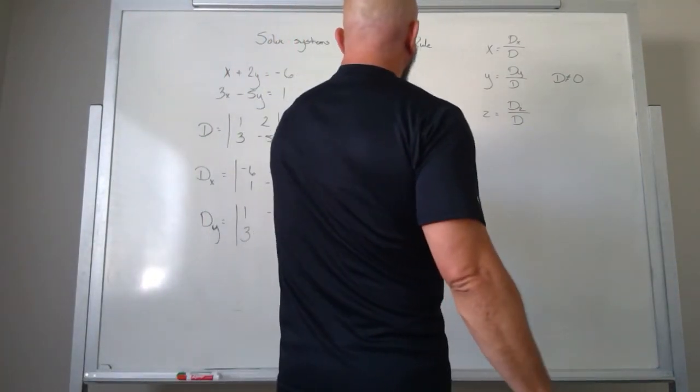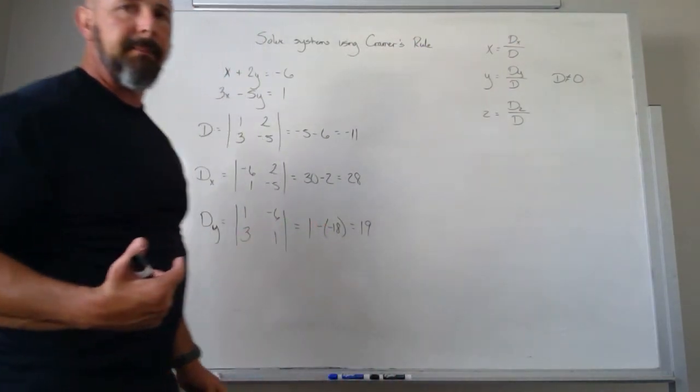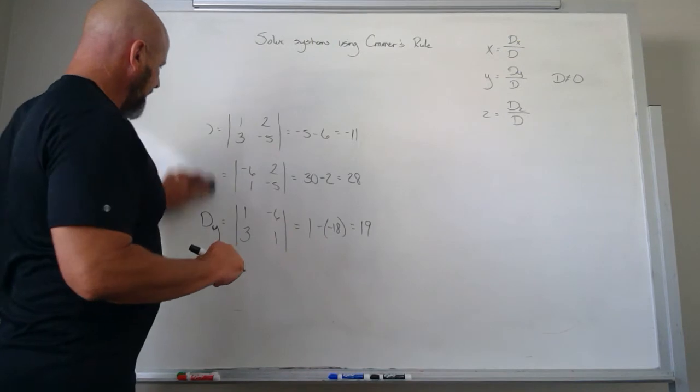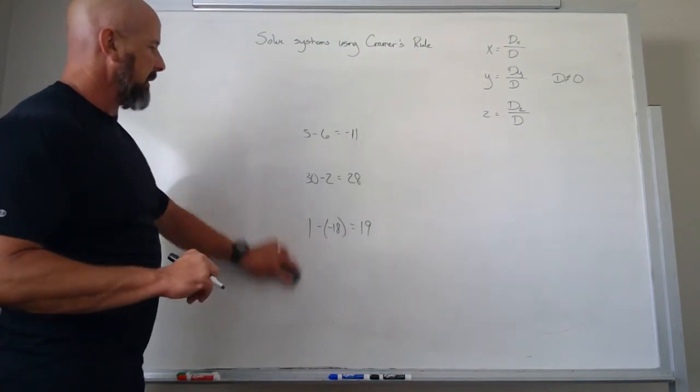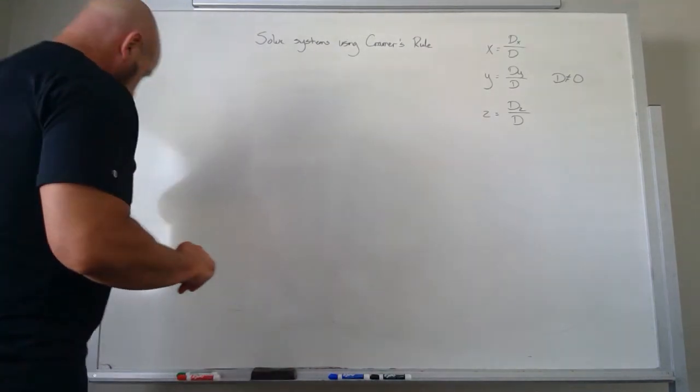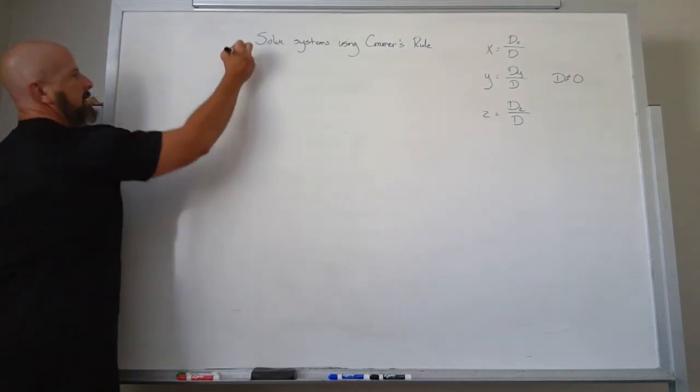Now let's look at a 3 by 3 system. Now we've evaluated some 3 by 3 determinants, and they are definitely a lot longer, more involved. So let's get one up here.